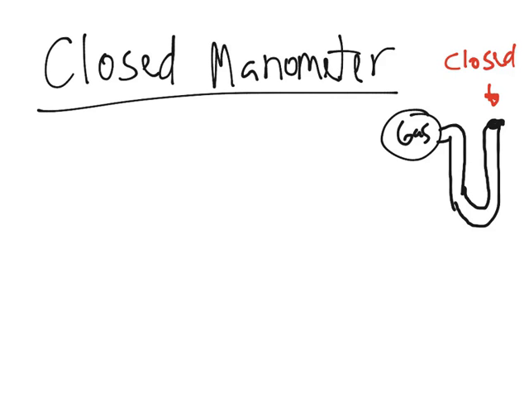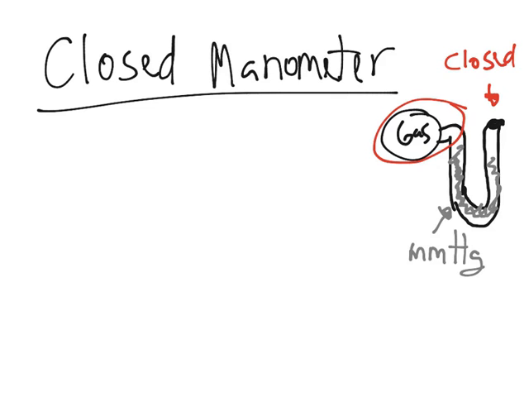That means that the surroundings won't play any role in determining the pressure of your gas, because they can't go in. Now this gray thing I drew here is not your gas. Your gas will be right here, and this gray column is millimeters of mercury.